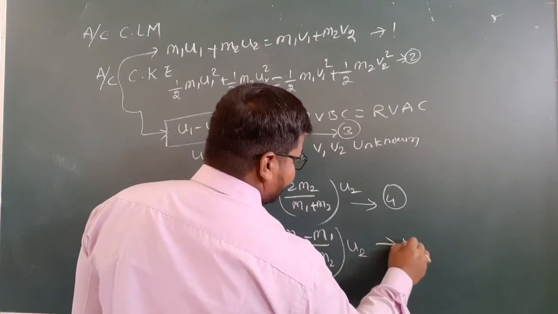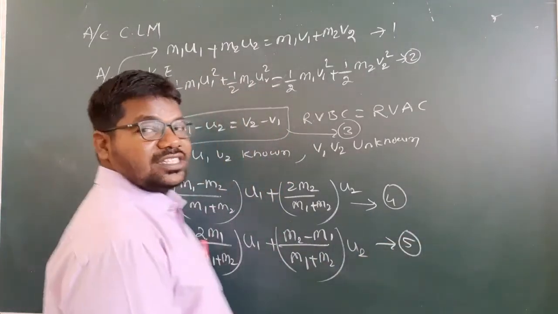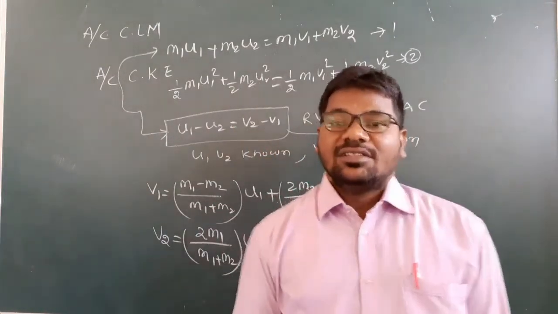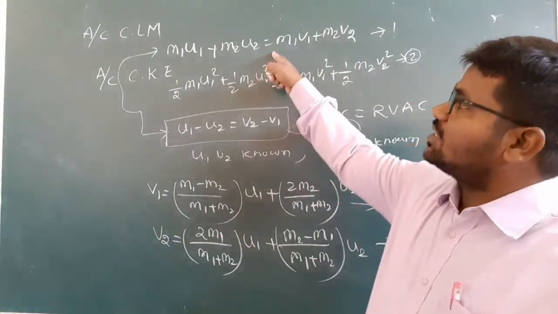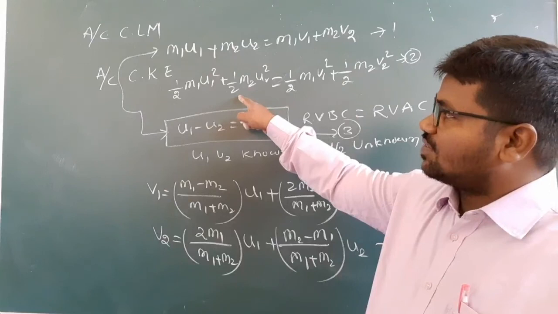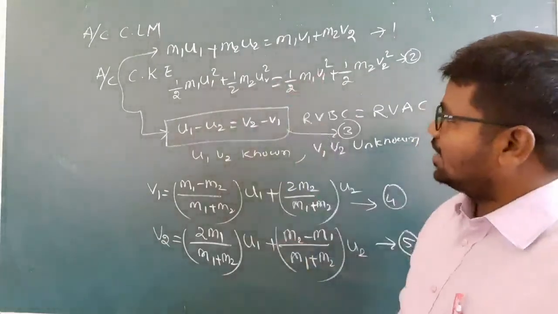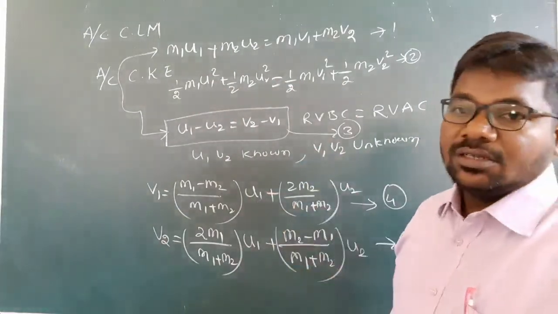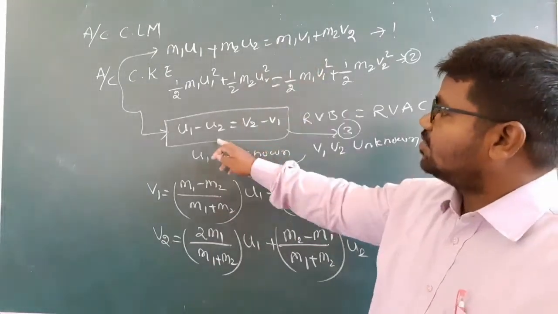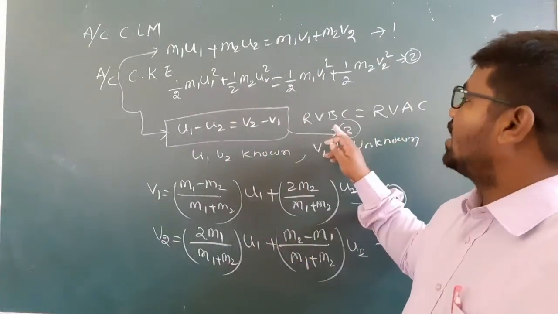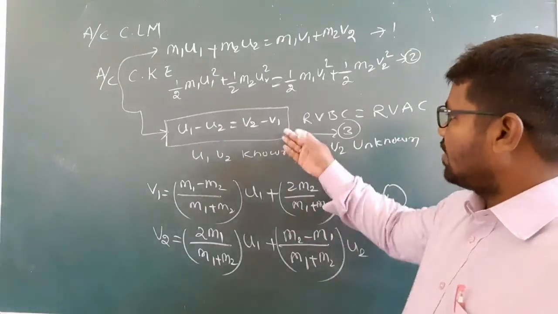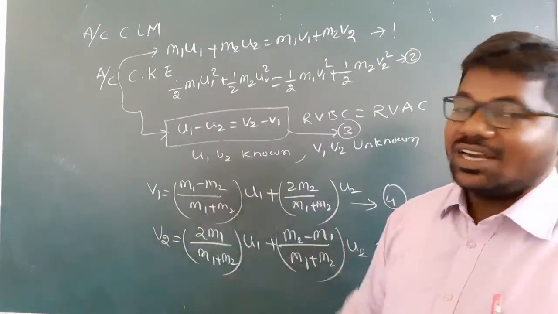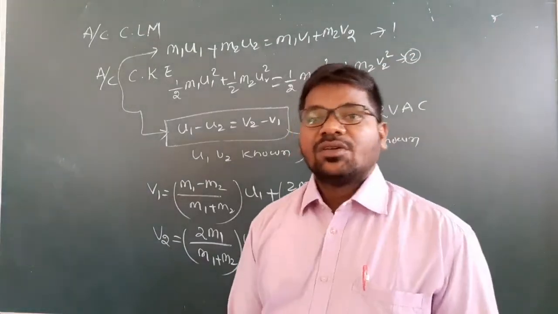This is equation 5. So this is the entire derivation, my children. From conservation of linear momentum and kinetic energy, the 1 by 2 gets cancelled, so from equations 1 and 2 you get relative velocity before the collision equal to relative velocity after the collision. From these two equations we can get the final velocities.